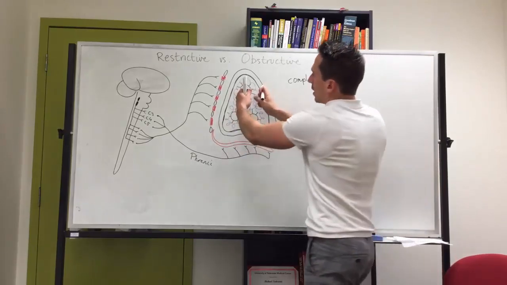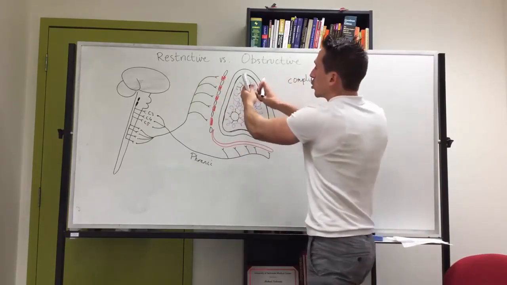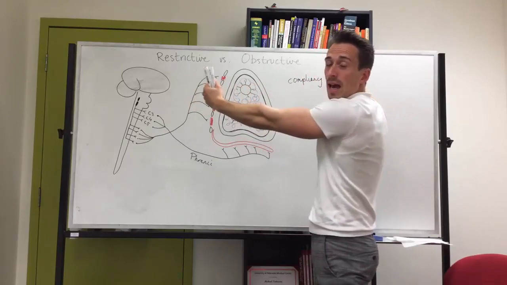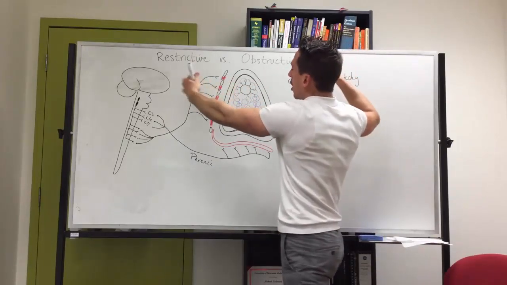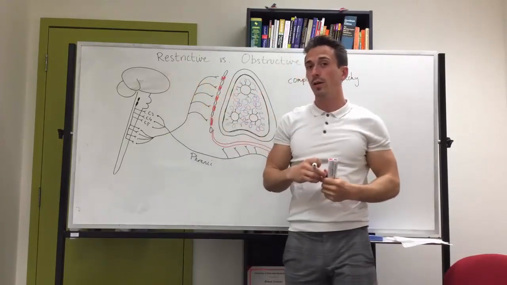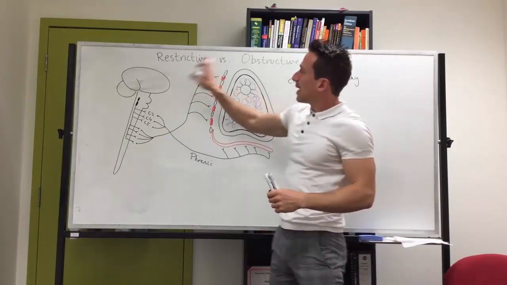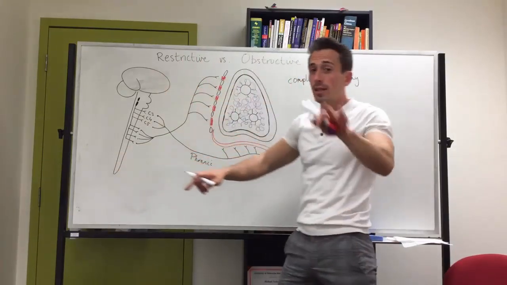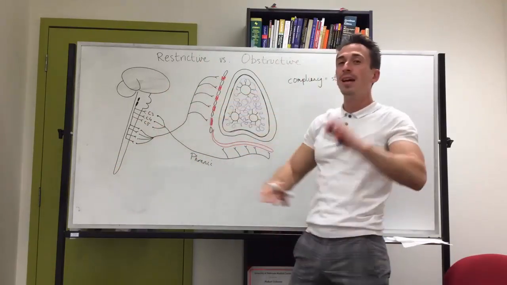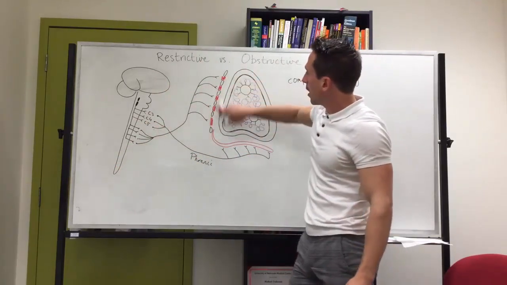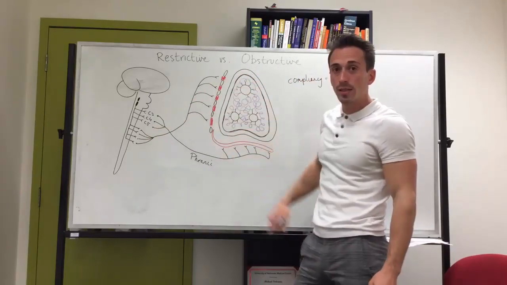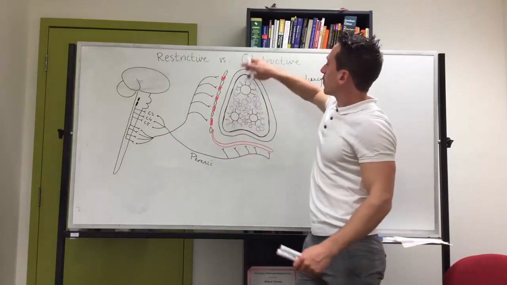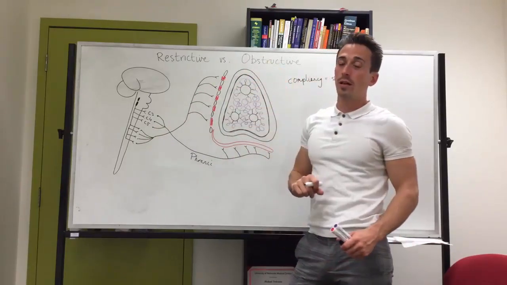Now, if it's very compliant, the lungs can stretch out quite easily. And remember, we need it to have a nice elastic recoil as well. Now, if something happens, doesn't matter if it starts at the central nervous system, the peripheral nervous system, the musculoskeletal system, or within the tissue of the lungs itself.